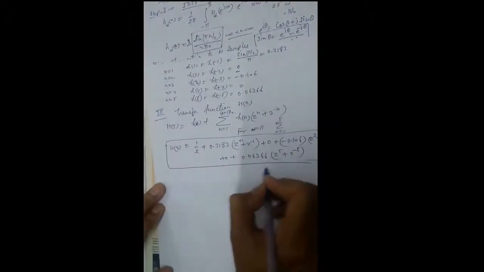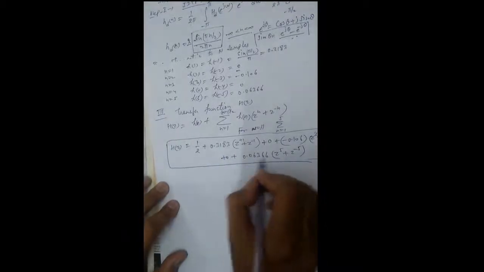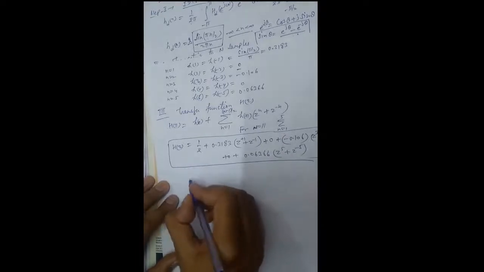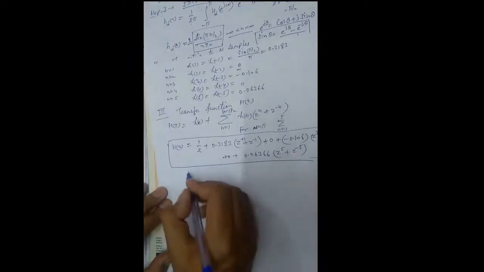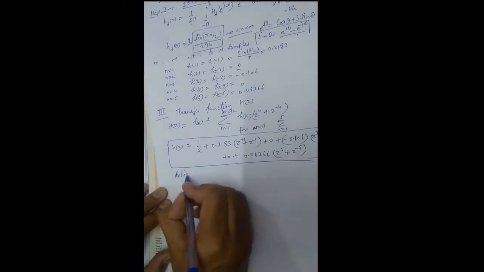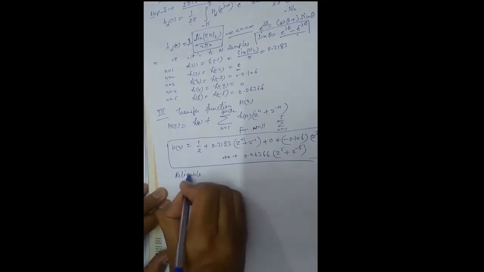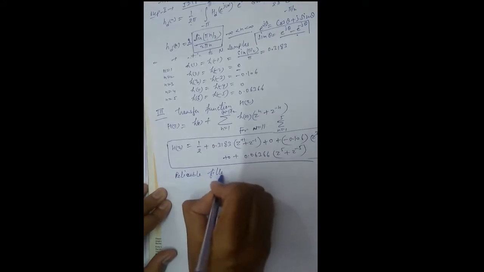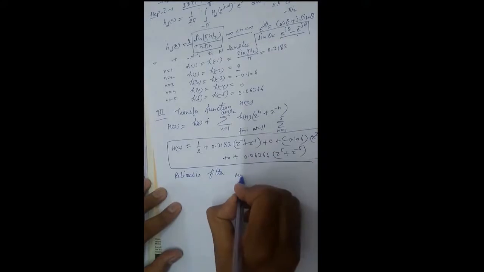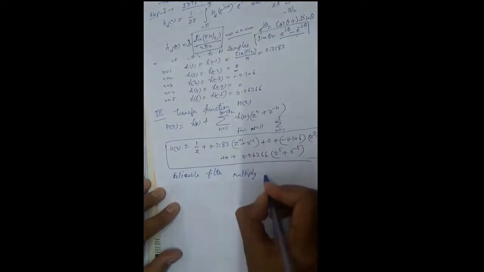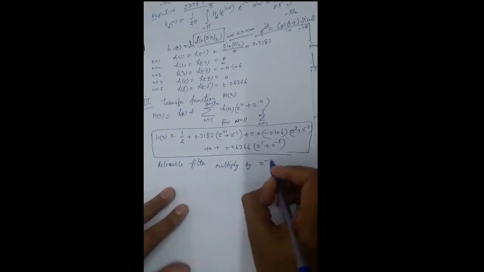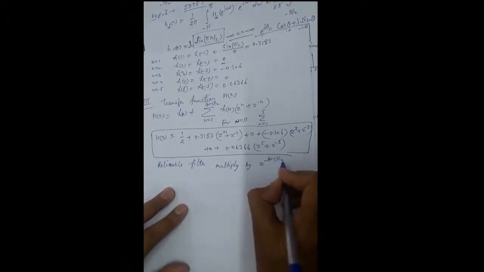Obviously you can rearrange it to make it much clearer, or in order, you can say. So realizable filter, next is realizable filter. To make it a realizable filter, we have to multiply with z raised to power minus (N minus 1) by 2.